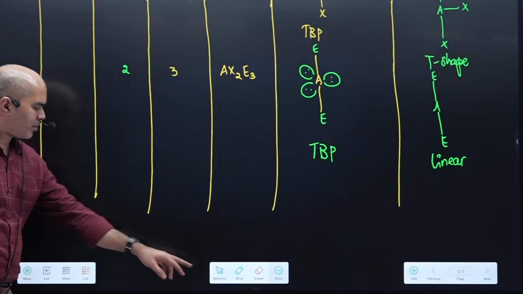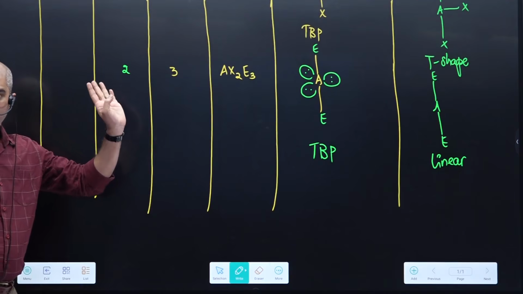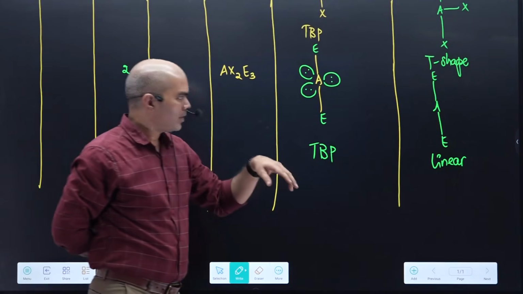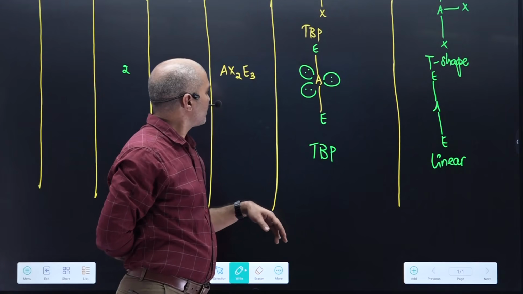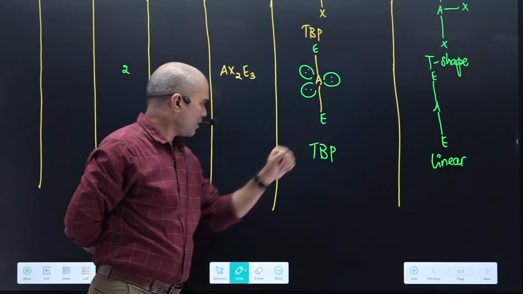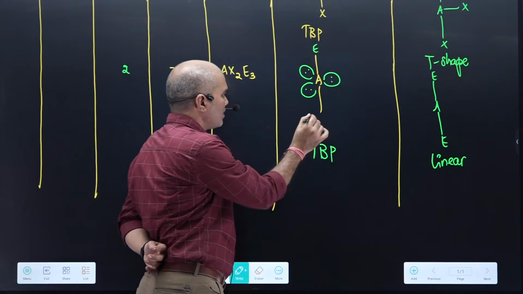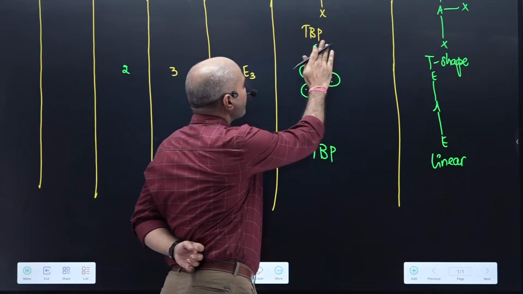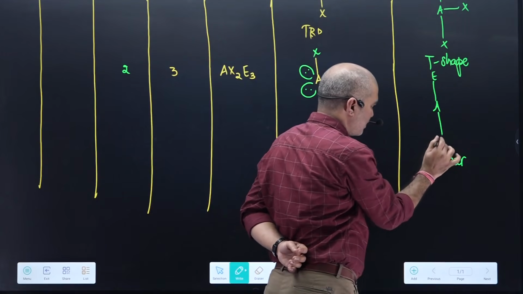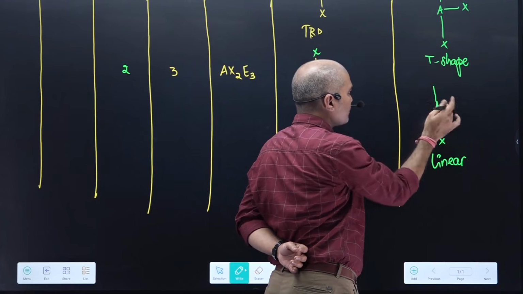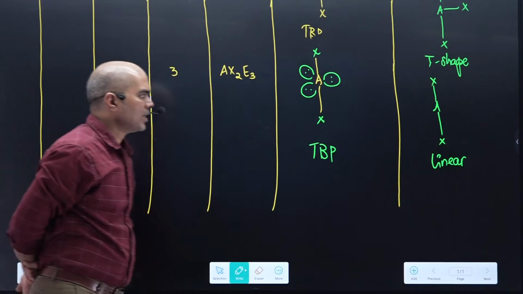Can we take 1,4 combination, 1 bonding pair and 4 lone pairs? Okay, here we have to mention X, right? Just make a correction. This is not E, this is X. Please mention it as X. E, we are referring to lone pairs.